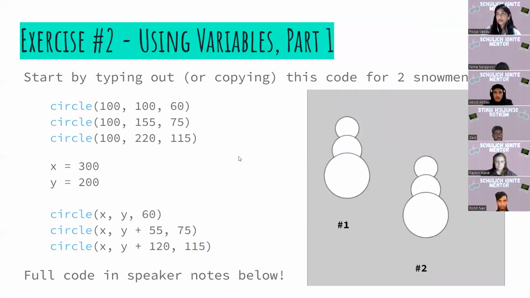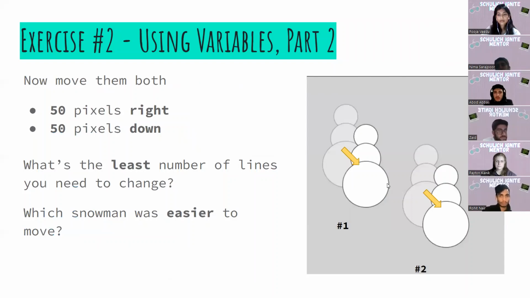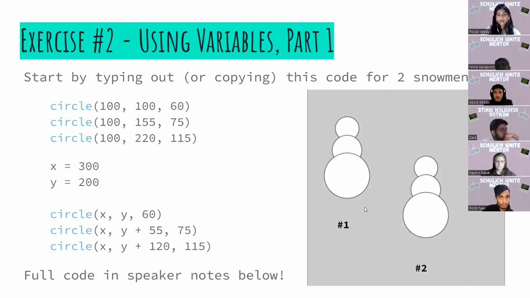Perfect. So now we want to create some circles here. We have, for example, circle number 1. You can see we create 3 circles, and I want to move this circle a little bit, and also move circle number 2 a little bit. So I have 2 sets of circles, and I want to move them.